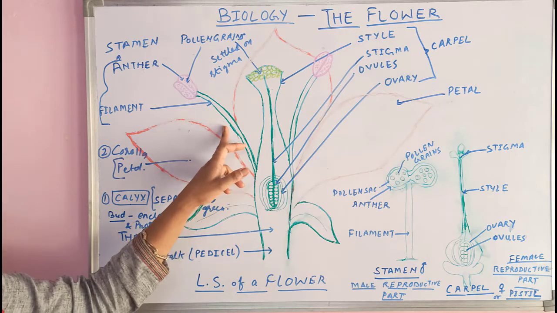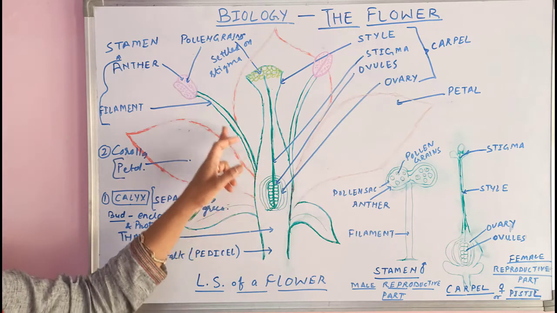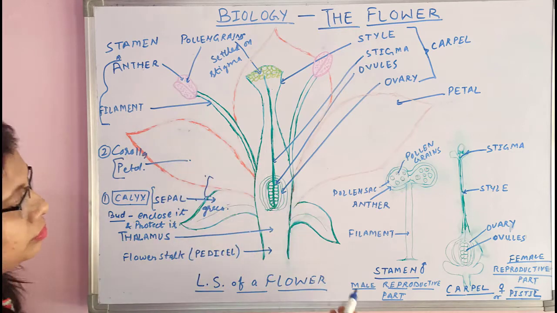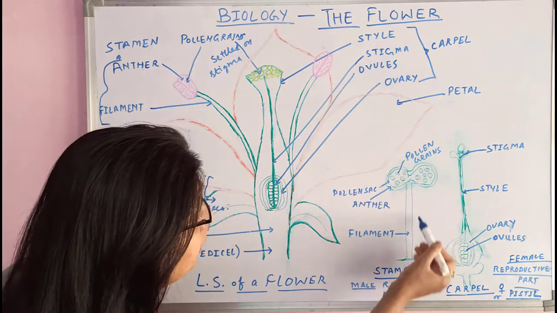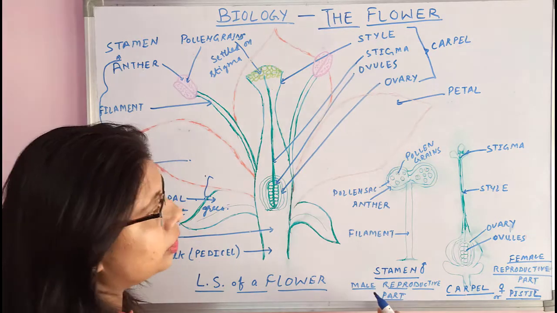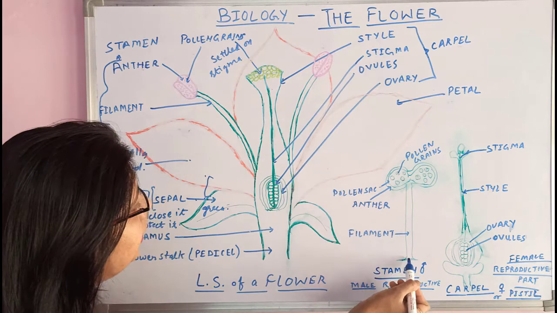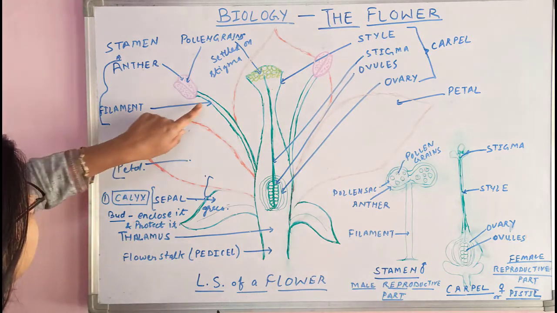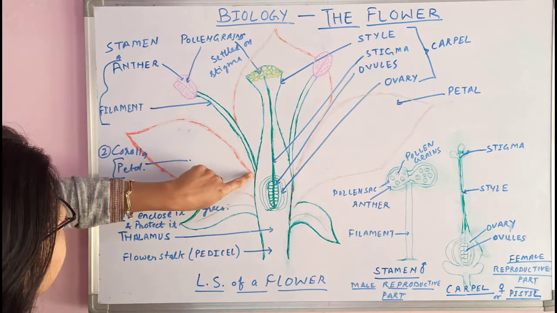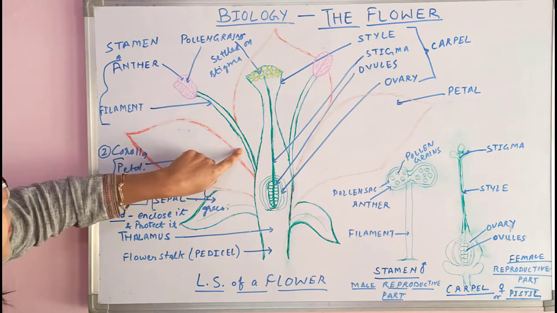The third whorl is made up of the male reproductive organ, that is the androecium. Here I have drawn a detailed structure of a stamen. This is the male reproductive part of the plant. In a stamen there is a filament, which attaches it to the thalamus, and this makes the third whorl.